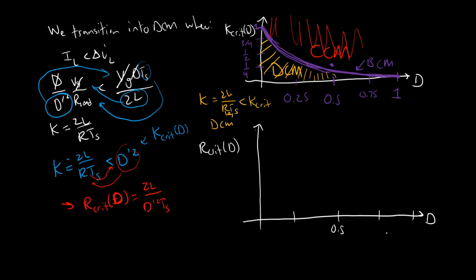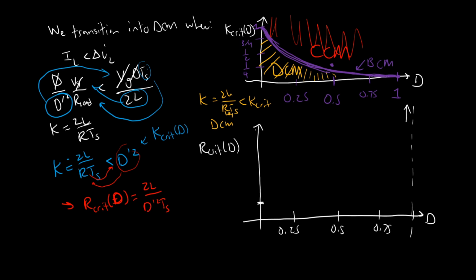We have 0.5, 1, 0.75, 0.25. When D is 1, D prime is 0, which means this blows up to infinity. So we have an asymptote over here at D equals 1, and the critical resistance tends towards infinity. And then when D is 0, D prime is 1.